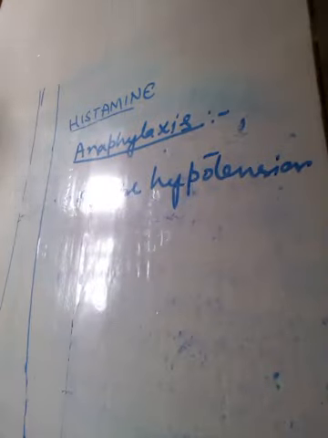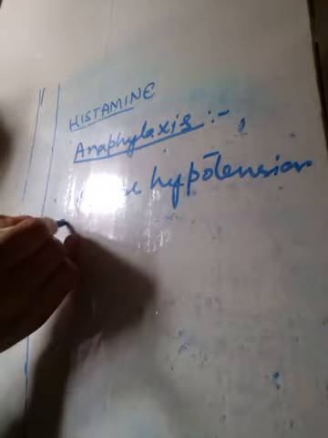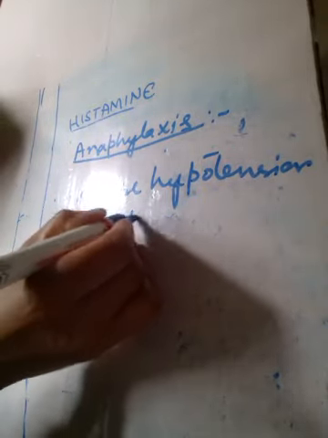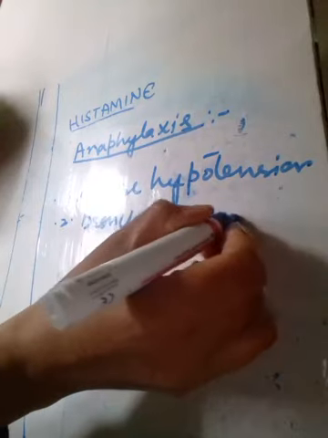So anaphylaxis is the shock-like stage in which our body's mast cells get destroyed and there is excessive secretion of histamine, which causes certain effects like, number first, severe hypotension. Number 2, bronchospasm. And number 3, laryngeal edema.